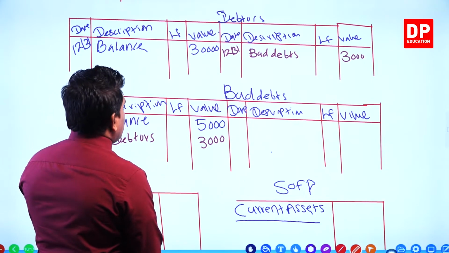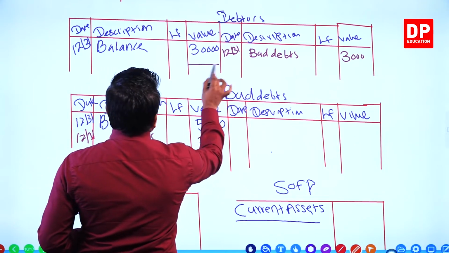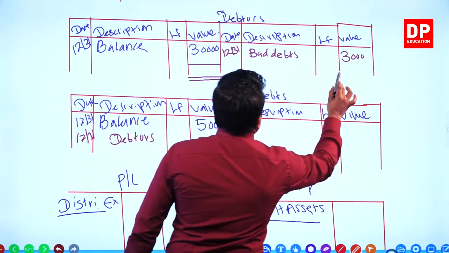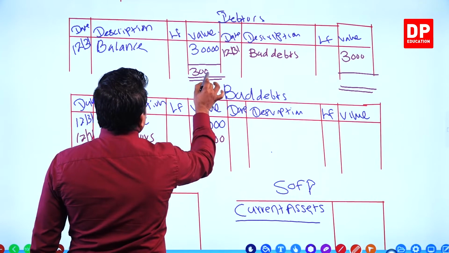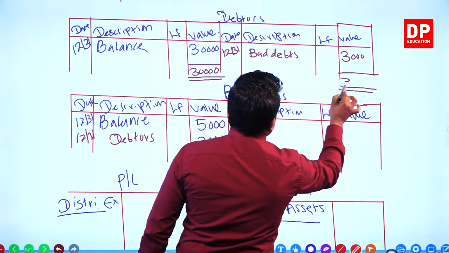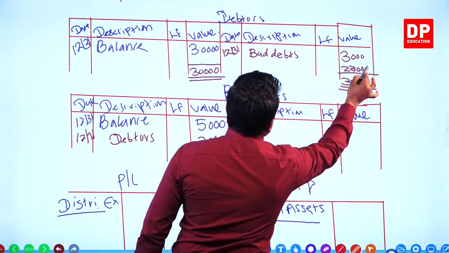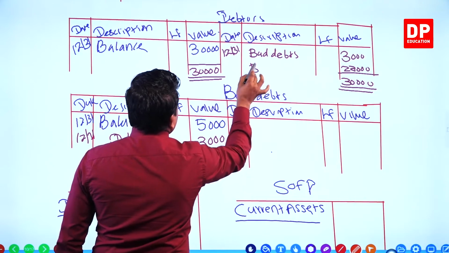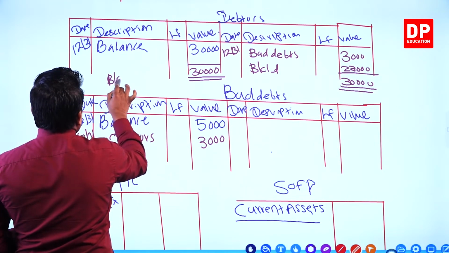Okay. Now you tell me how much is the real value of the debtors at the end of the period. You remove 3,000 out of 30,000, right? Then how much? 27,000 is the real debtor value. It goes as balance carried down, balance brought forward.